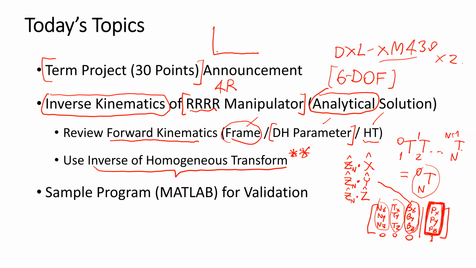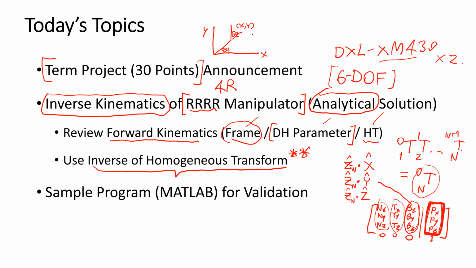We may have a simple robot, like just a two-link robot on the XY plane. With this, if you want to go to the final XY position, you can obtain the inverse kinematics in a different way.